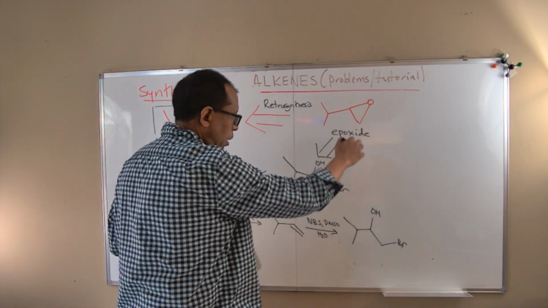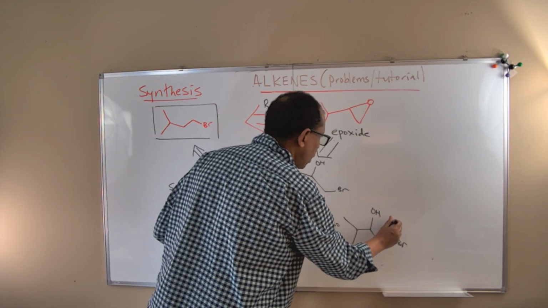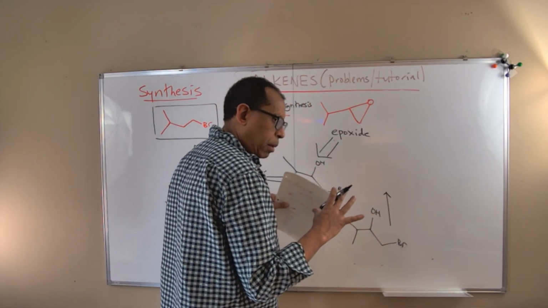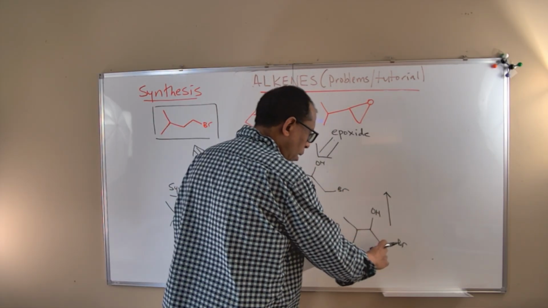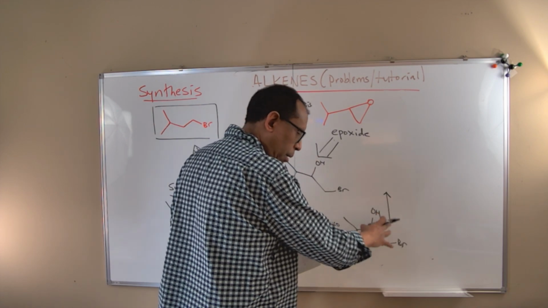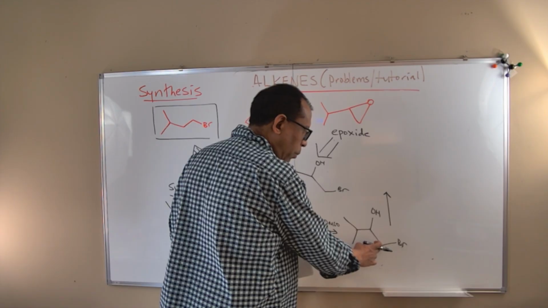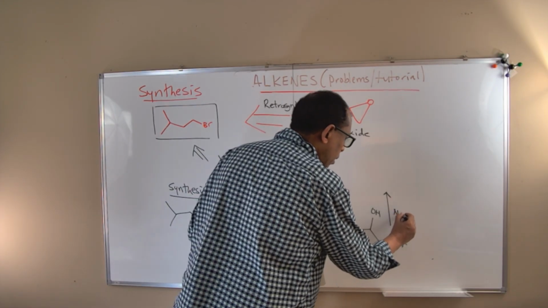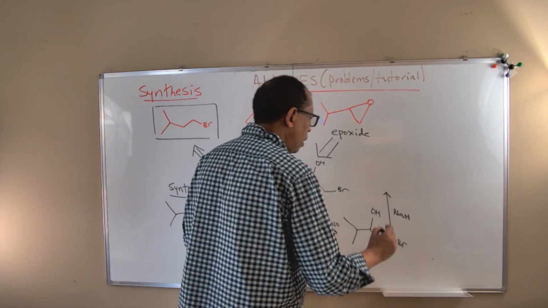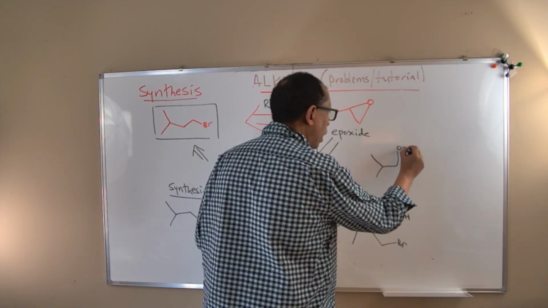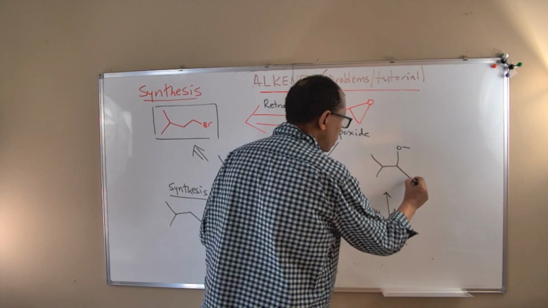Now to go to the epoxide from here, first if I pull off that proton to make it ready for Williamson intramolecular SN2 attack on this carbon, if I treat this with sodium hydride, I'll make a very strong nucleophile, O-, Br.